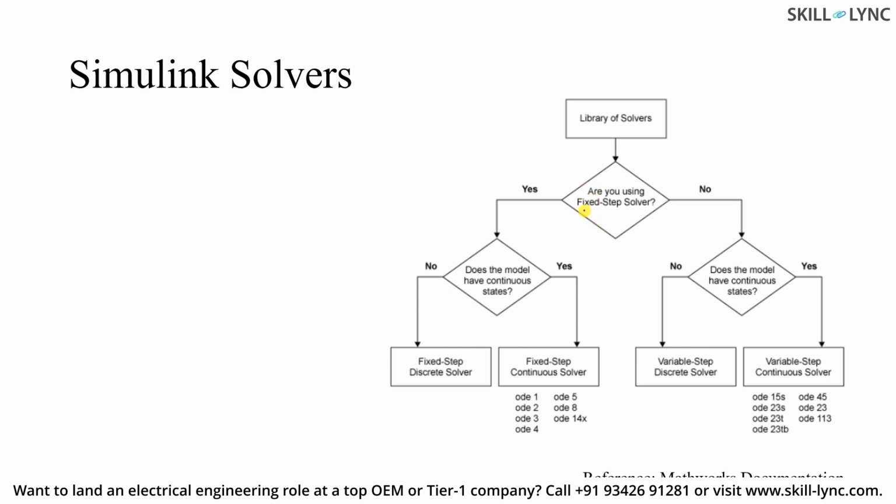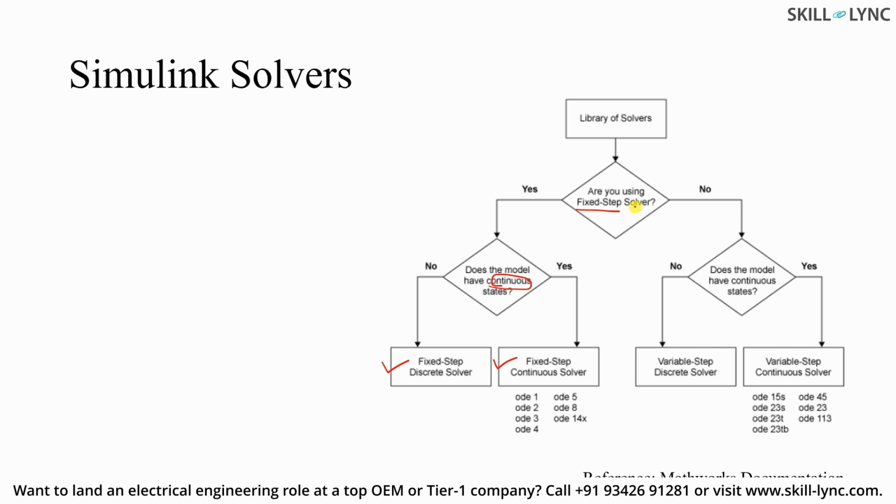Do you have a fixed step solver? If yes, is your model having continuous states, or is your model having discrete states? Then you have a fixed step discrete solver, and in the case of continuous states, it is going to be a fixed step continuous solver.